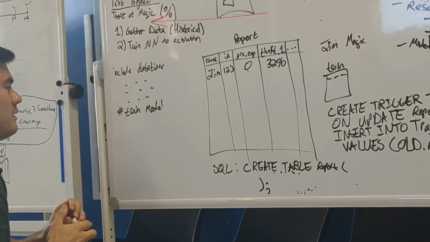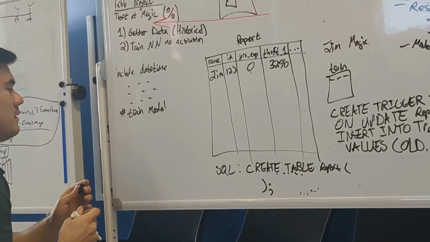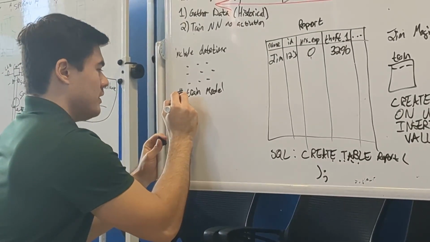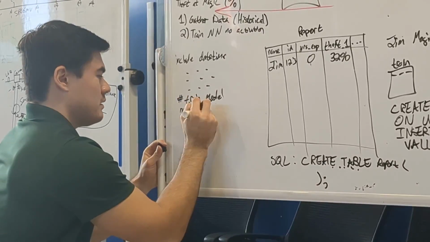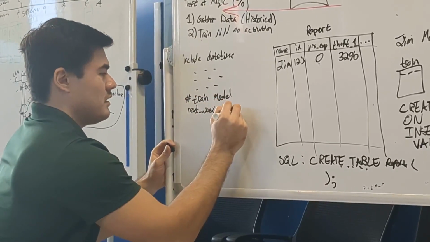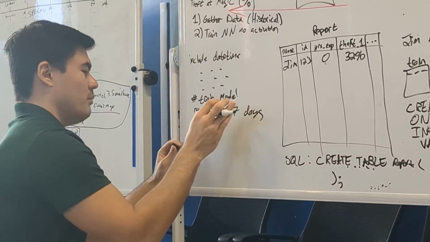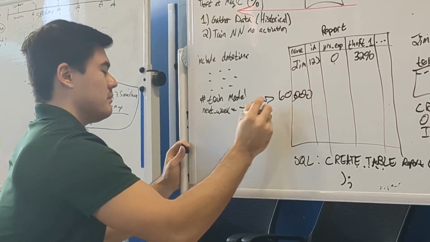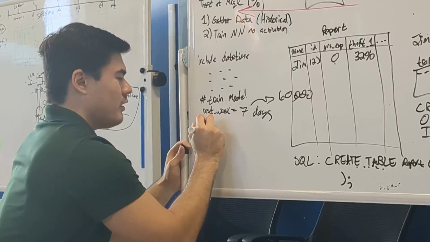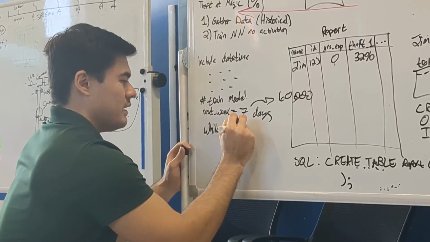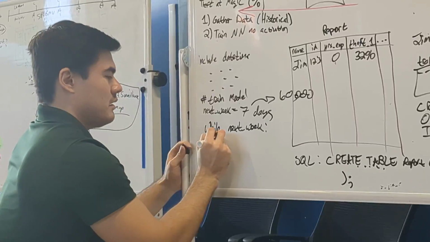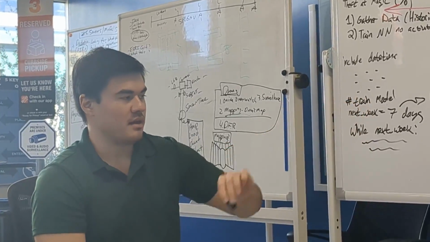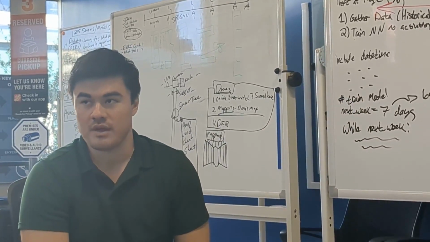We'll make a variable, next week, and we'll have that equal to 7 days, or I think you have to do minutes, so you would convert that to like 60,000 minutes or something, okay? And then while next week, and then run the training. And what you can do is just treat it as a Boolean where either yes, it's been 7 days, or no, it hasn't been 7 days.